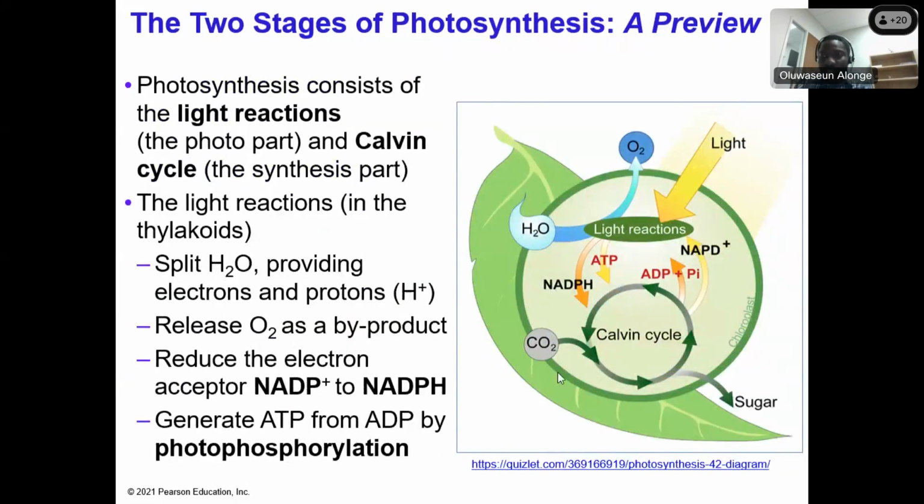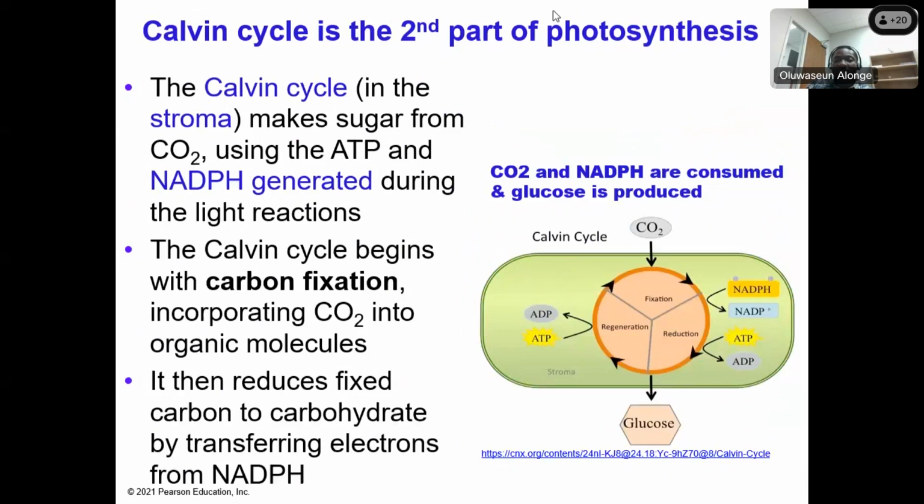Then the Calvin cycle, which is where carbon dioxide, CO2, is going to be reduced to sugar molecule. All right, so here's the Calvin cycle, which is the second part. You see, it makes sugar from carbon dioxide using ATP and the NADPH that was generated from the light reaction.